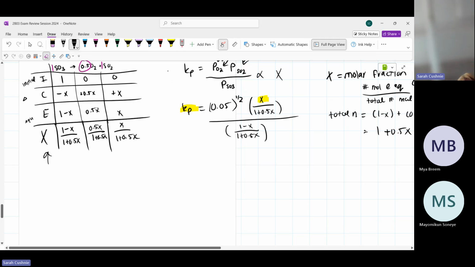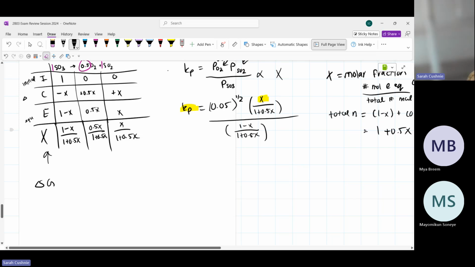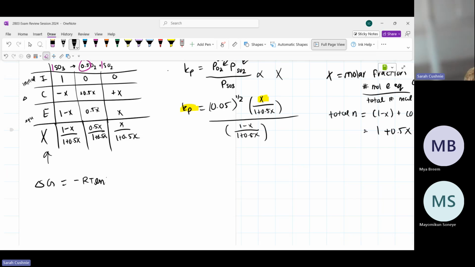This is where we go back to, what does Kp actually mean? Kp is the equilibrium constant, and it's also really handy to go back to our Gibbs free energy. Our Gibbs energy is equal to negative RT ln Kp.